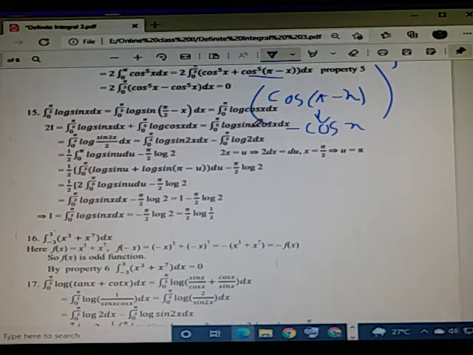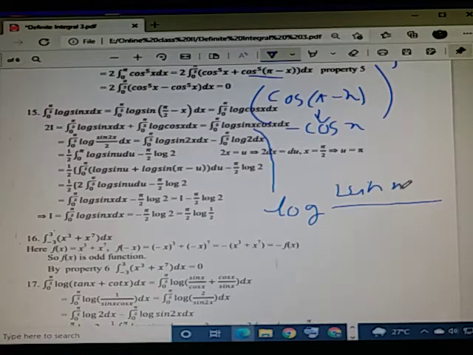Now this one is sin x cos x, and 2 sin x cos x is equal to sin twice x. So 2 sin x cos x means what? So you can write log of 2 sin x cos x, and it is 2, so we are dividing by 2.